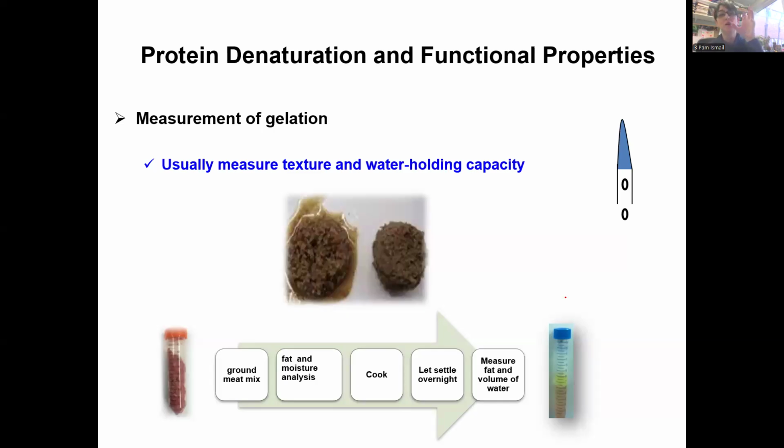So that is measurement of water holding within a food gel matrix. So we have the model system where you just put protein in water, and you have the actual system that you're trying to measure the impact of the ability of that food gel to hold water.